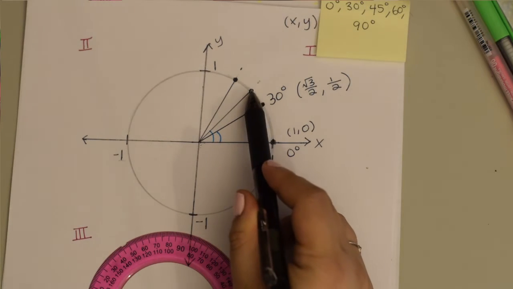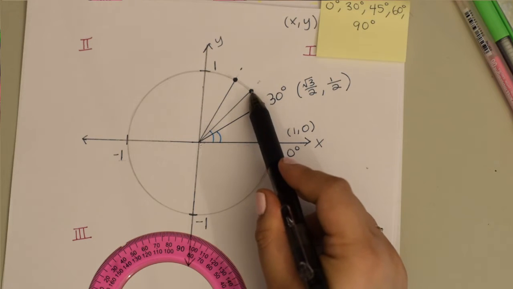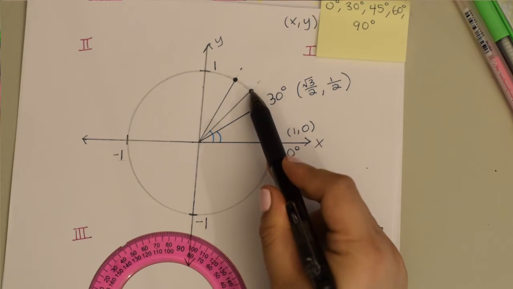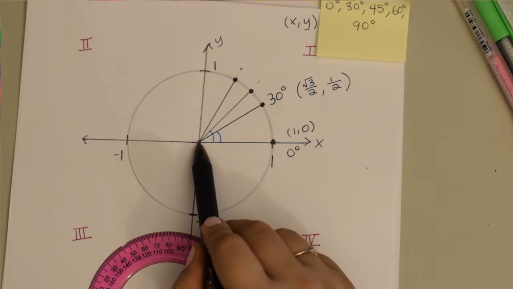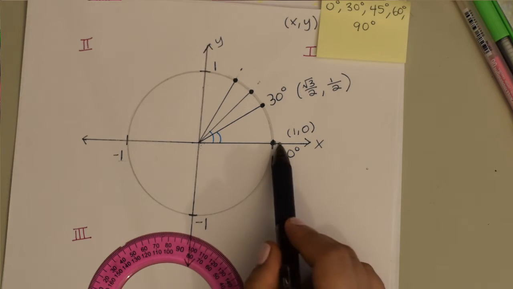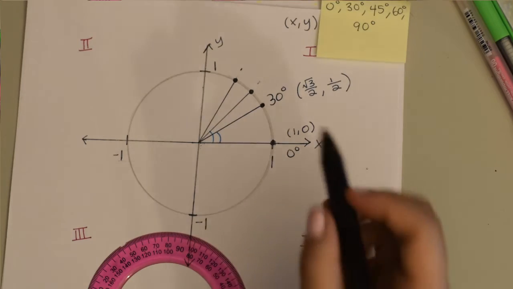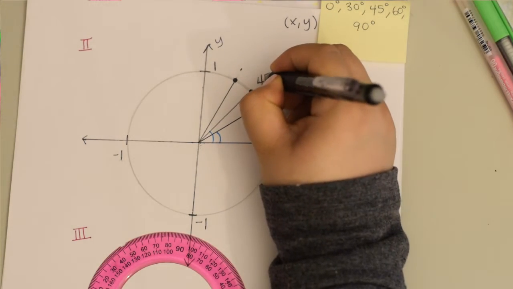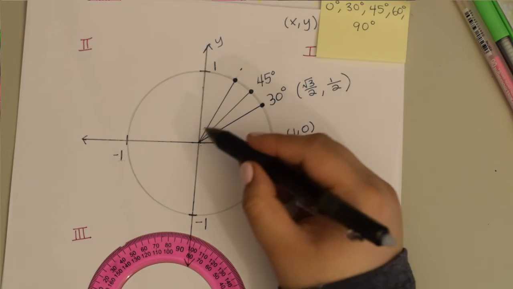So that's what we mean by the angle associated to a point: the angle you get when you draw the segment from the point itself to 0, 0, and then, starting from your positive x-axis and moving to that line, what angle gets created.